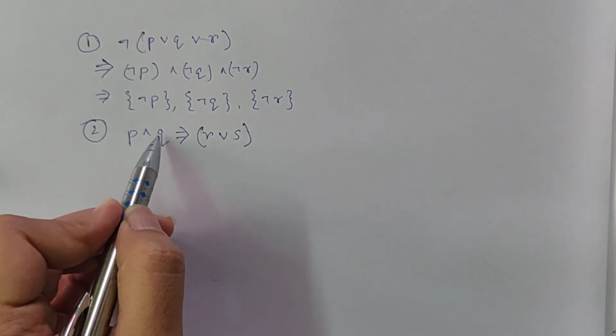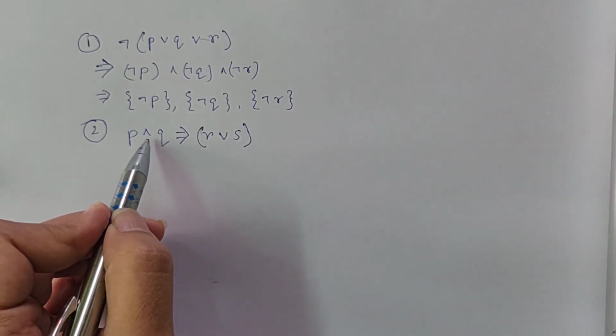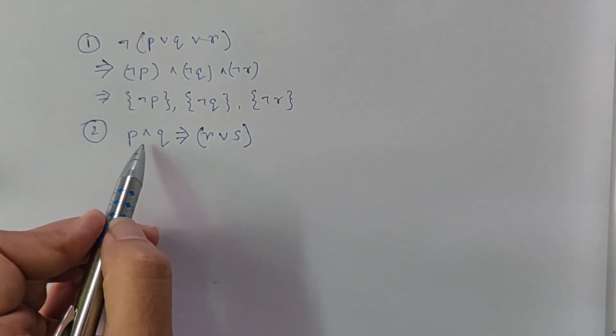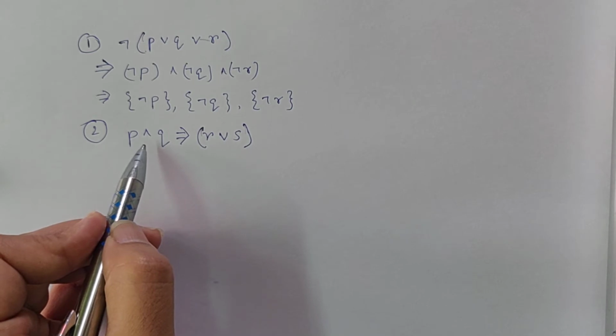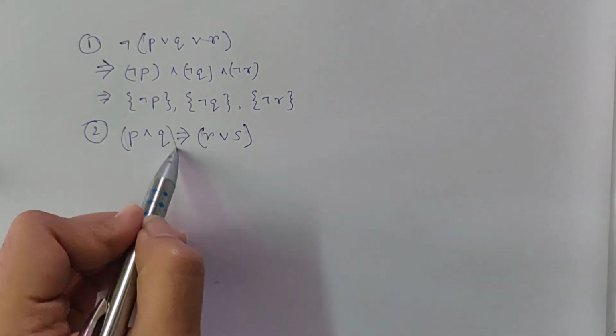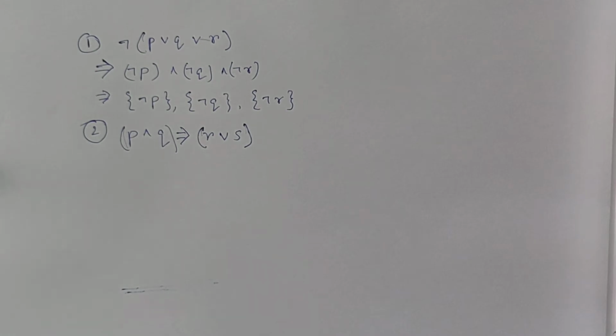This Q has one conjunction here and an implication on the right side. The conjunction has a higher operator precedence, so Q should associate to that. So it is interpreted like this. First, let us get this thing clear.